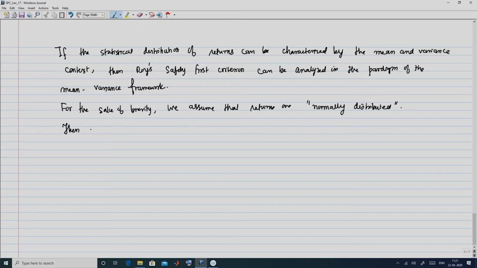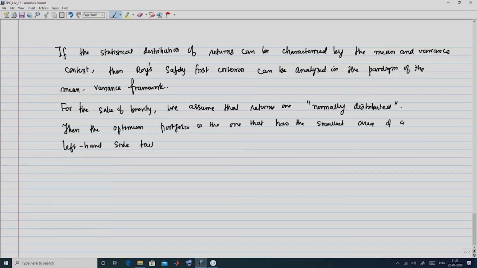Then the optimum portfolio is the one that has the smallest area of the left hand side tail of the normal distribution.